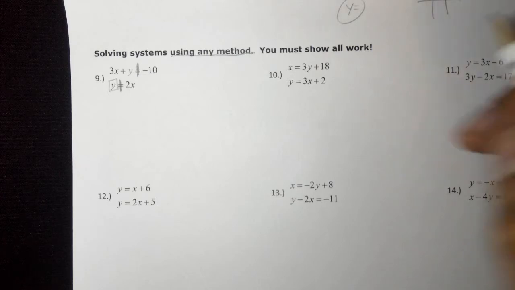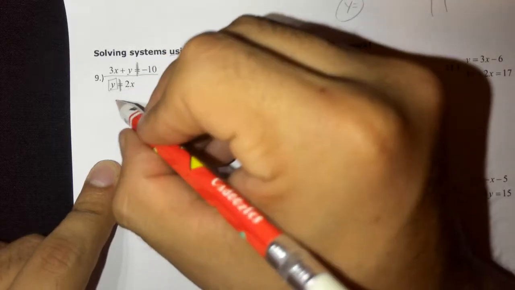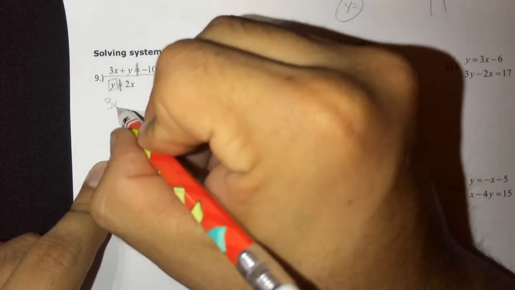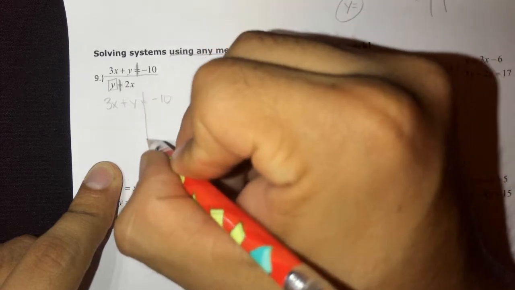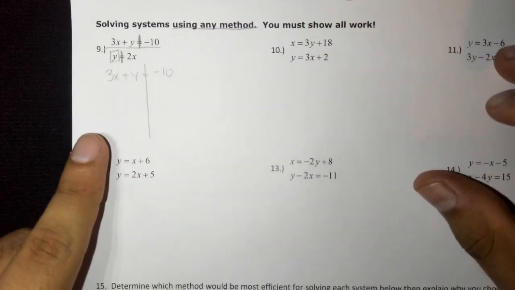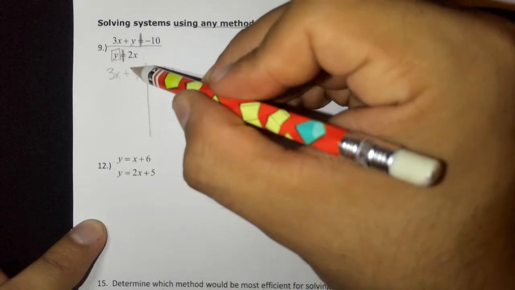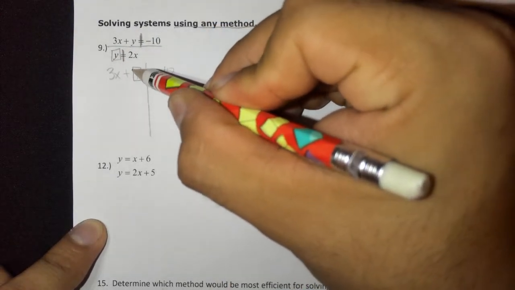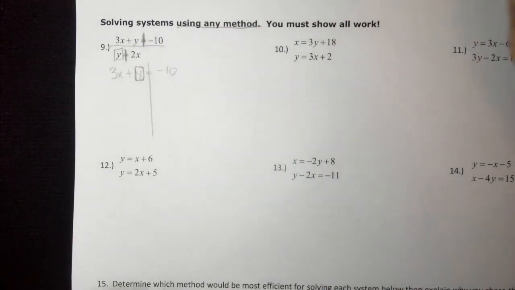If I box that equation in, that means I have to rewrite my other equation. So right underneath this, I'm going to rewrite 3x plus y equals negative 10. Alright, so there's my equation. Since I boxed in the y originally, I'm going to box in this y and only the y. You don't have to box in the plus or anything else, just the y.